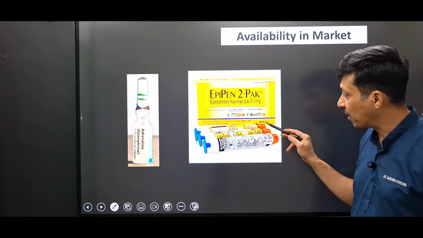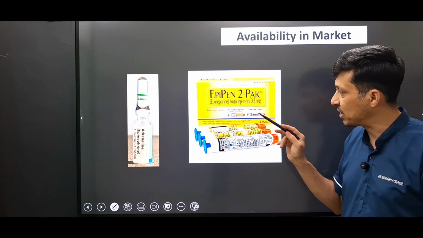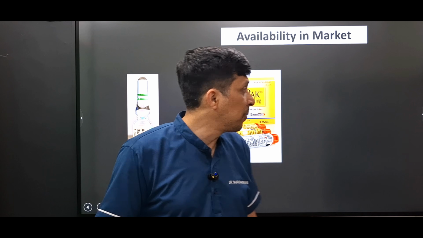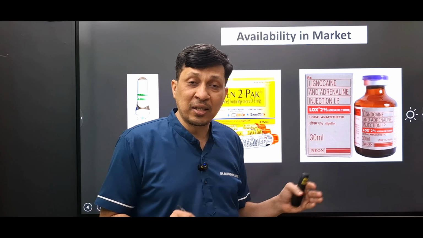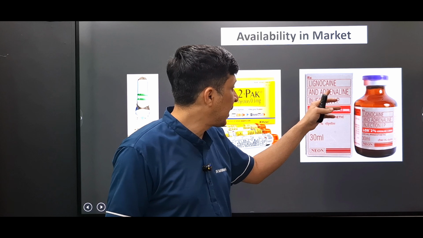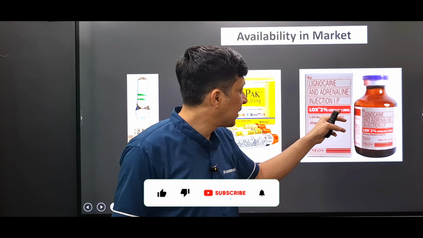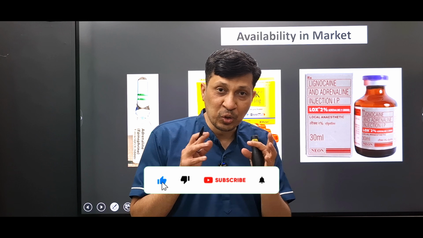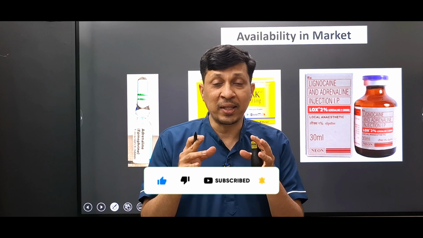This auto injector may not be available in India, but it is commonly available in the Western countries. And thirdly, it is available as a mixture with local anesthetic. Here you can see there is lignocaine and adrenaline. Lignocaine here is 2% and adrenaline here is in the concentration of 1:2 lakh. So in this way, adrenaline is commonly available in the market.